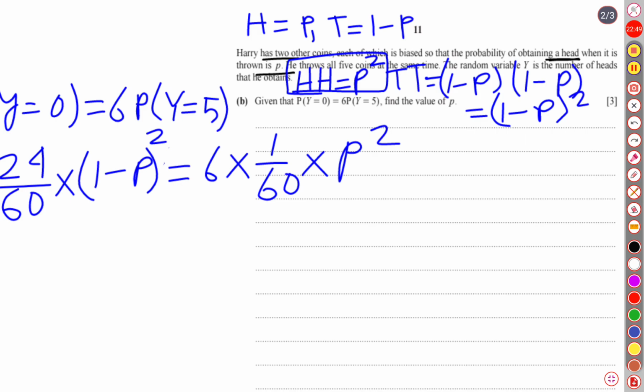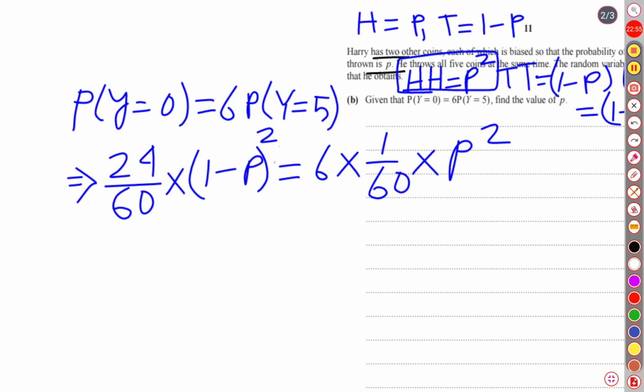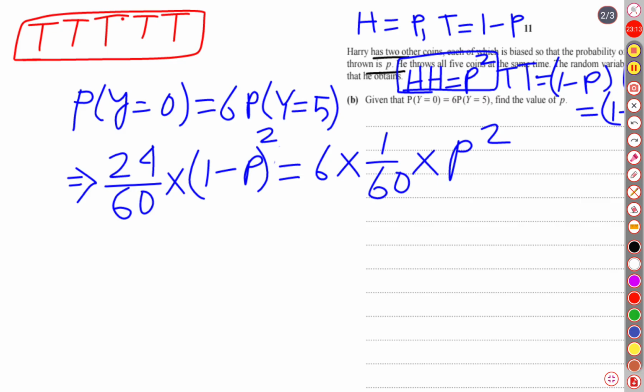So once again, let me clarify this. How did we form the equation? The equation is for 5 heads, for no heads. First one, y is equal to 0, there is no head, so it will be just tails. First tail, second tail, third tail, fourth tail, and fifth tail. This is for the first 3 tails, where there was 24 over 60.